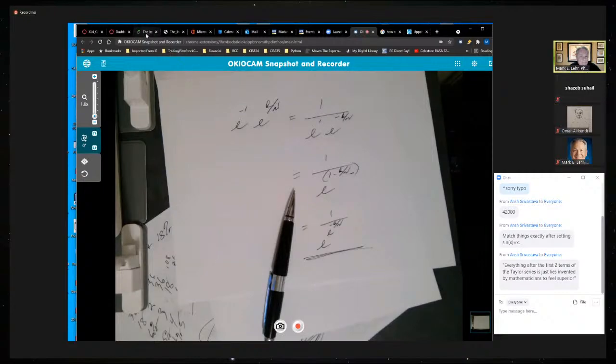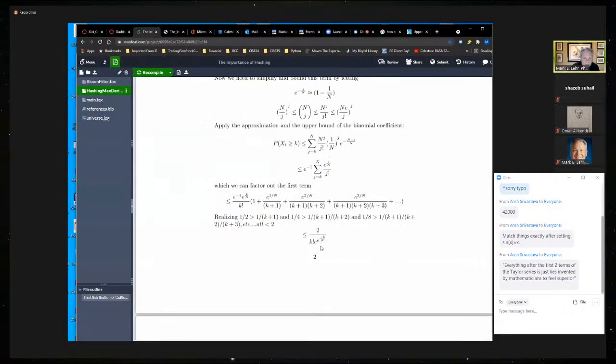So that's what this would be, e to the minus k over n. And of course, if you look at this, that is pretty close to 0. E to the 0 is 1, so we get 1 over e to the 1. And 2 divided by e to the first, which is 2.7, is close to 1.